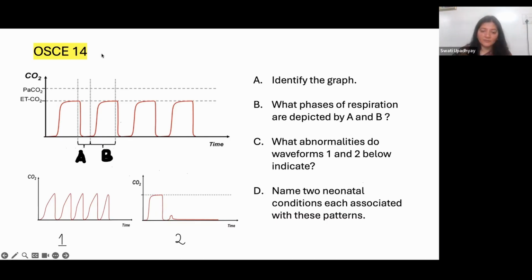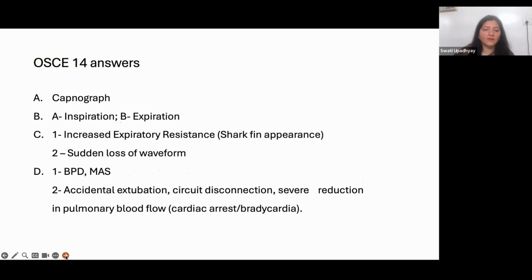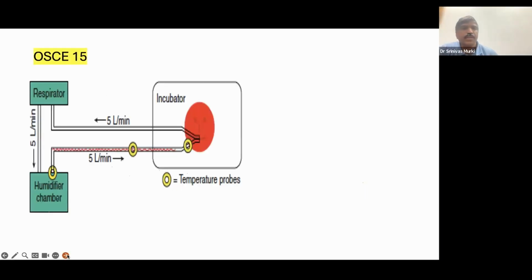So accidental extubation, circuit disconnection, or severe reduction in pulmonary blood flow can lead to sudden loss of waveform in the capnograph. I think it is clear now. Okay, thank you.